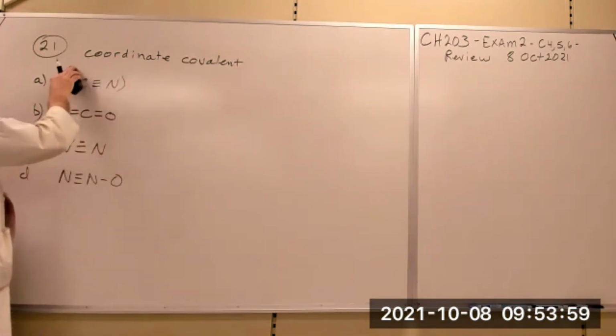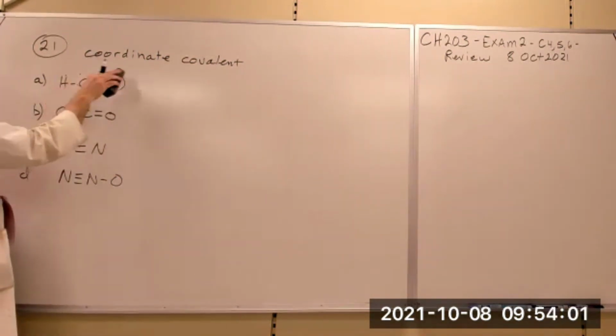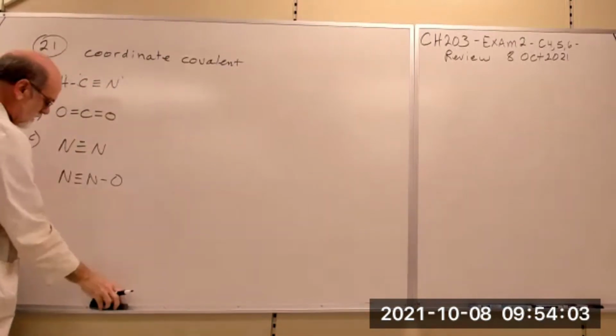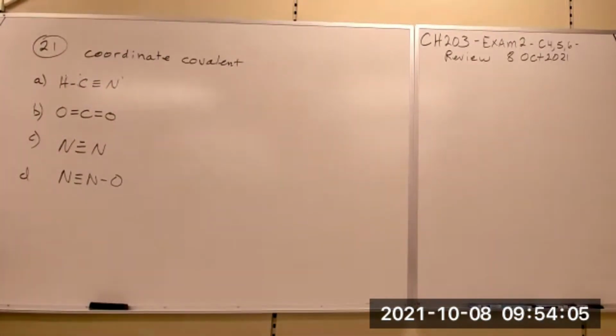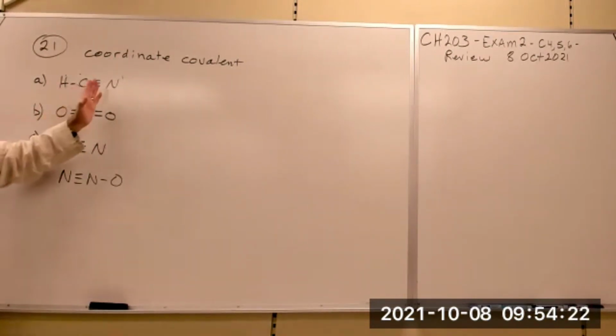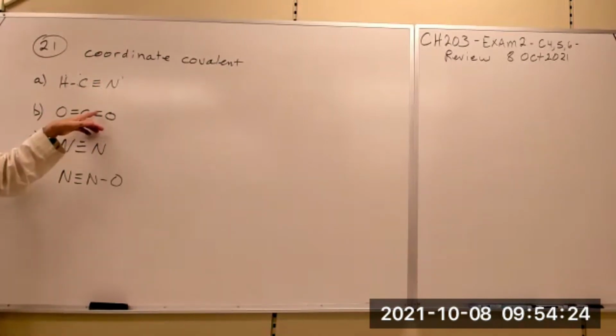But you also look at the construction of the Lewis dot structure. Which ones, if you take away one of the outside atoms, did you have an octet before or after that? You have an octet before, do you have an octet after? So if we take away this one, where are those two electrons going?